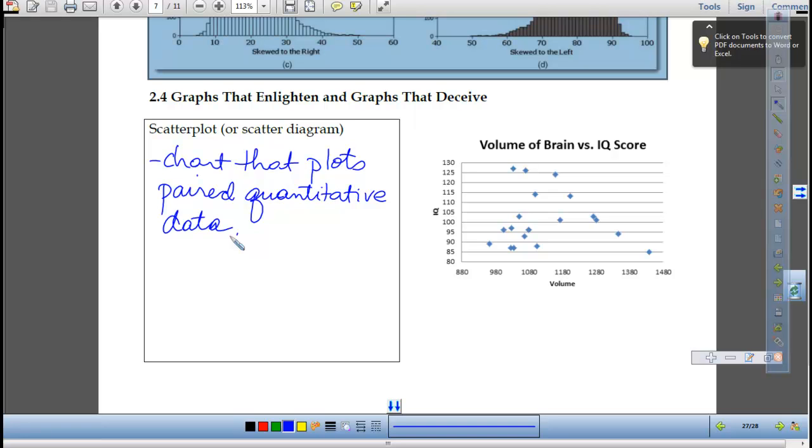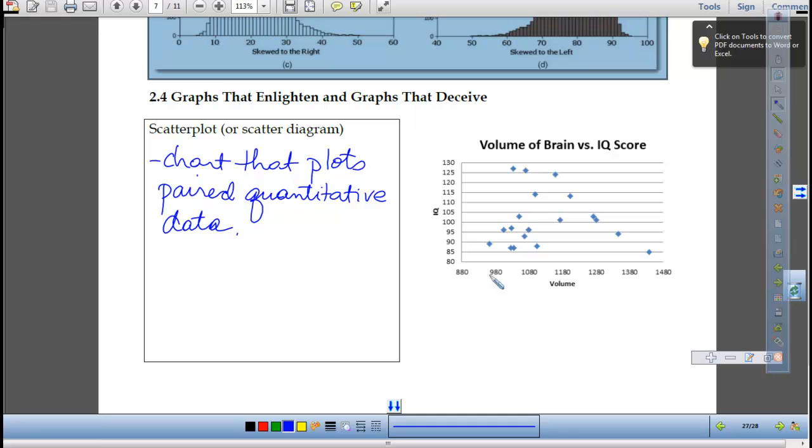So here we talked about this example already, volume of the brain versus IQ score. And so we wanted to know if there was possibly some pattern. And so each dot represents a subject's brain volume and their IQ score. So we've plotted all of those things to see if there's some pattern there.